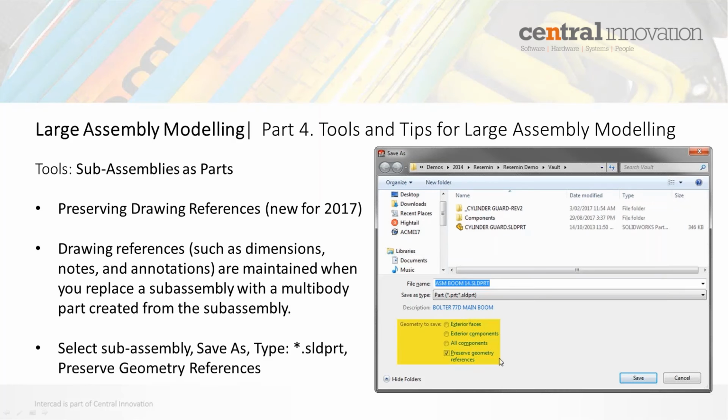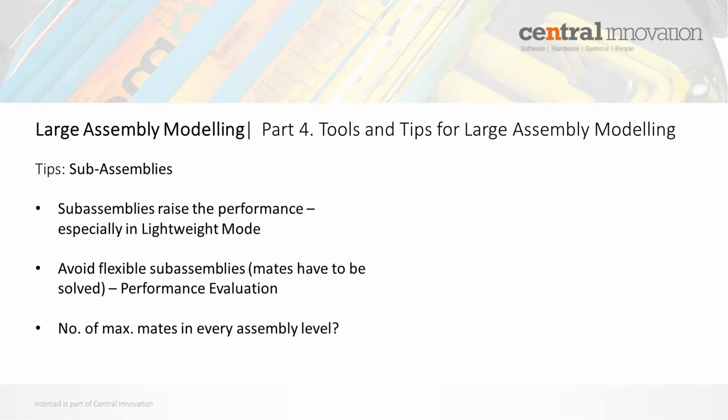Okay, moving on, just to look at some tips for large assembly modeling. Sub-assemblies, as I mentioned before, raise the performance, especially in lightweight mode. So avoid flexible sub-assemblies and watch the number of maximum mates in the top level.